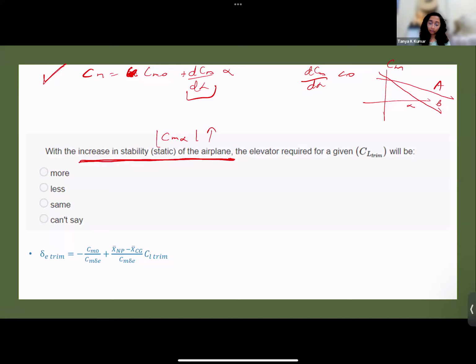Correct. So now look at this equation. What changes in this equation? When I say aircraft stability has changed, what changes here? What term relates to stability here? This, right? So when I say there's an increase in static stability, this value is increased. Now, can you try and answer this question?